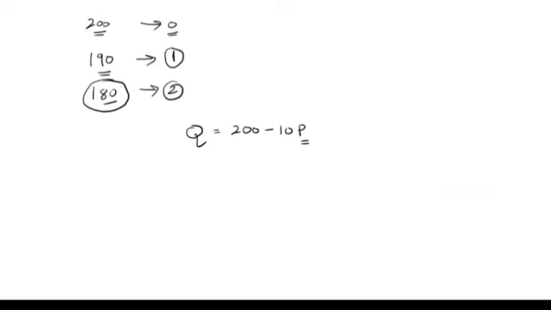So the total number of pens needed for the school is 200 when the price is nil. As the price P is increased by 1, the quantity decreases. If the price is increased by 1, then the number of pens required decreases by 10, so it will be 190.